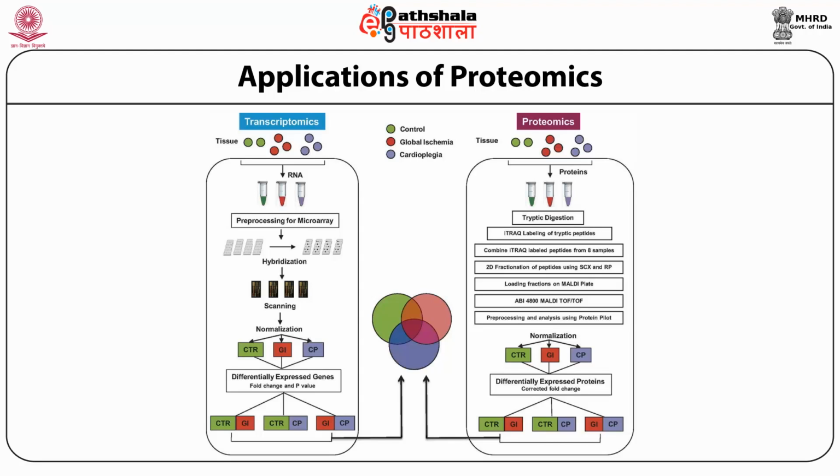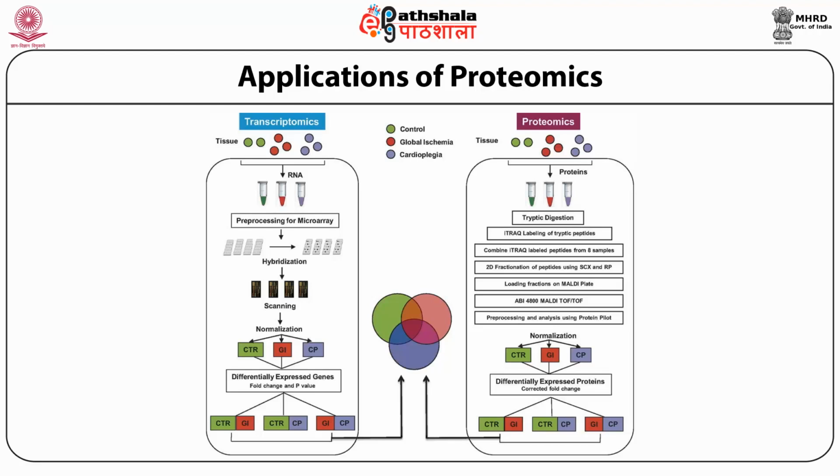In case of proteomics, we will take up the tissue and then isolate the proteins, which leads to tryptic digestion, and after tryptic digestion, these tryptic peptides will be treated as labeled peptides and samples.